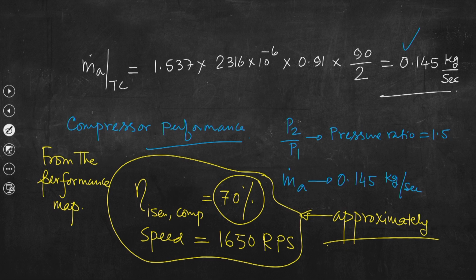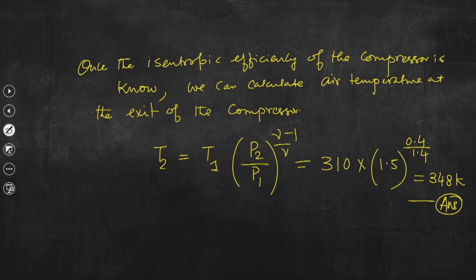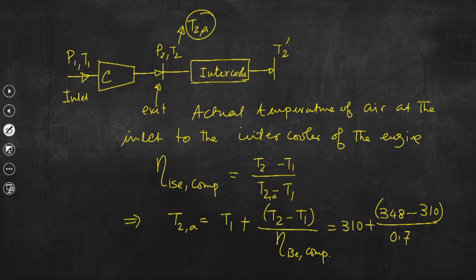From this data we have taken 0.7, and if we calculate it, it comes as 364 Kelvin. So, this is the actual temperature at the inlet to the intercooler of the engine.